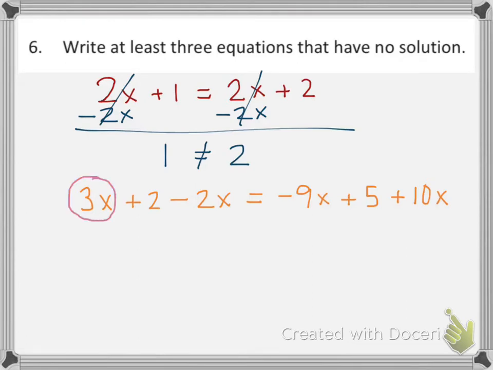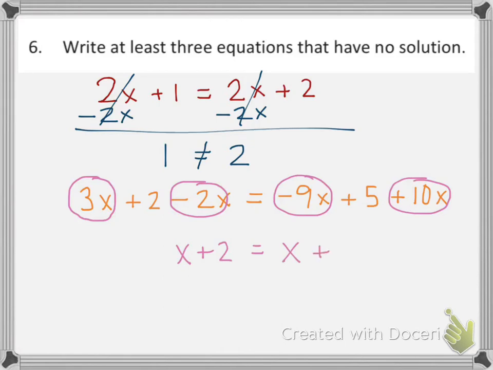A positive 3x, a negative 2x gives me x plus 2 is equal to a negative 9x, and a positive 10x gives me x, 1x, plus 5. And as soon as I could see that my x's have the exact same coefficient, in this case 1, all I'm going to be left with is 2 is equal to 5, and that's not true, so it's no solution.